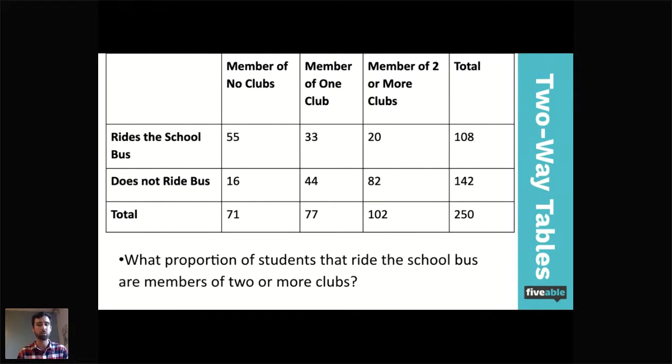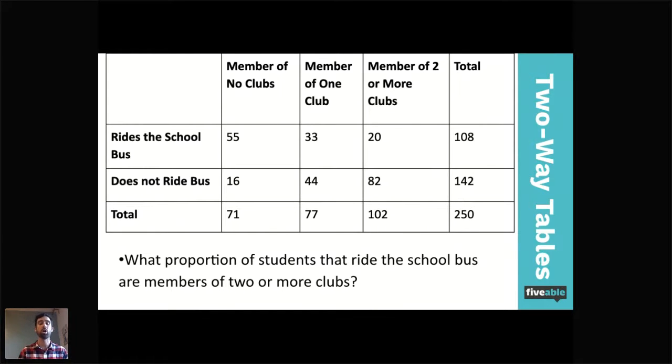So let's take a look at our first question. What proportion of students that ride the bus are members of 2 or more clubs? So we're looking for what proportion of students that ride the bus. So we do not care about students that don't ride the bus. Right now, we're just looking at the kids who ride the bus.